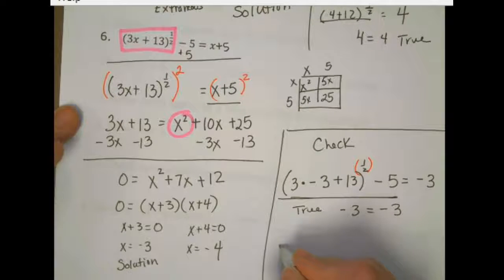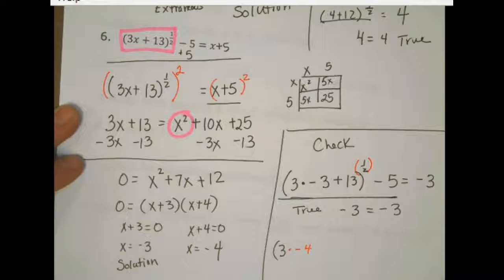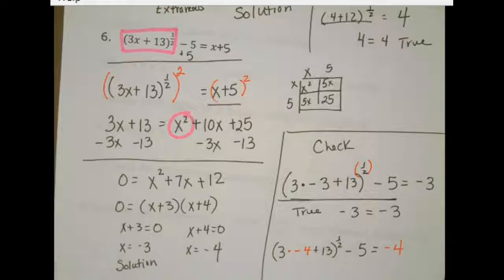So check the next one. 3 times -4 plus 13 raised to the 1/2 power minus 5 equals -4. Put all of this in the calculator.